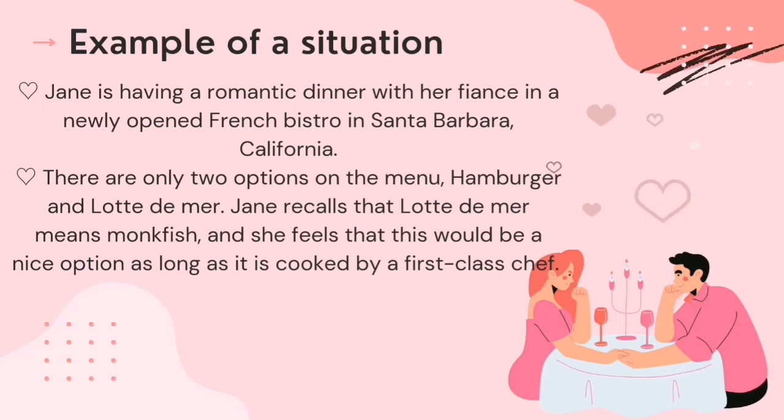Jane recalls that lotte de mer means monkfish, and she feels that this would be a nice option as long as it is cooked by a first-class chef. However, she has some vague suspicions that this may not be the case in this particular restaurant. The starter was rather poor and cooking monkfish is difficult. Virtually any restaurant can serve edible hamburger, however.